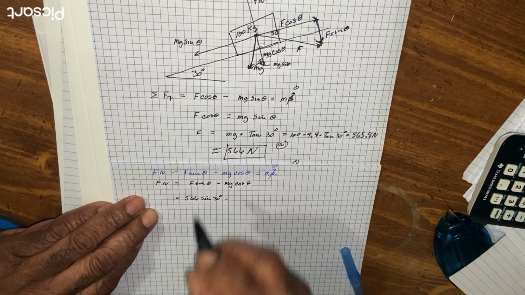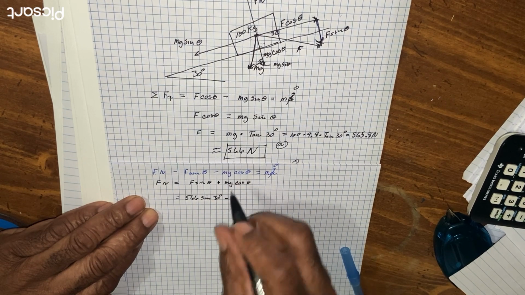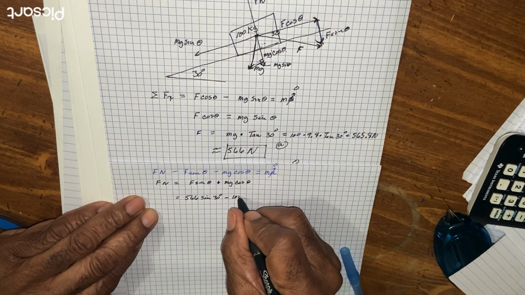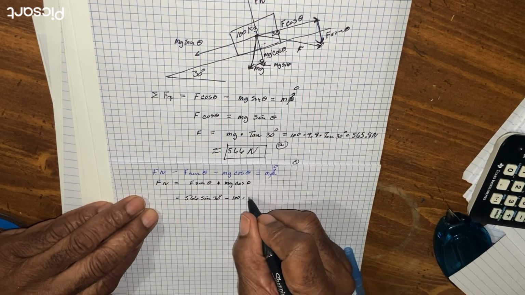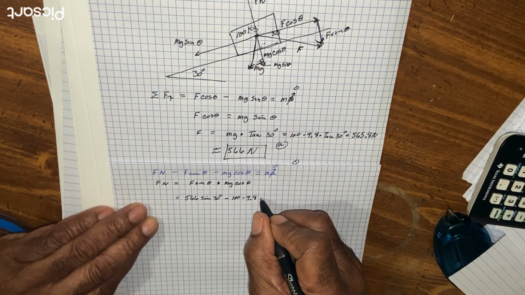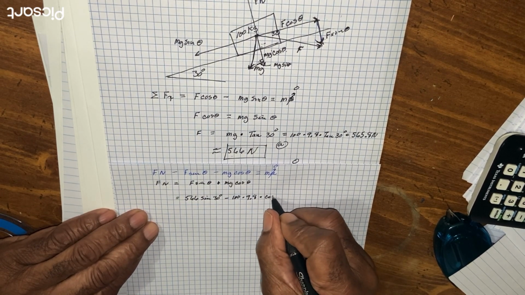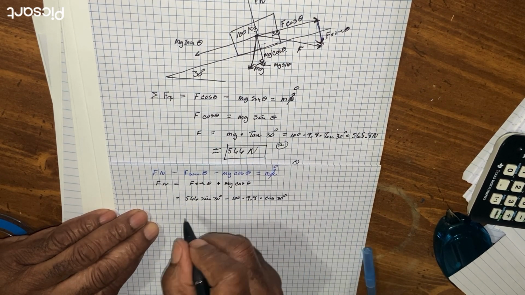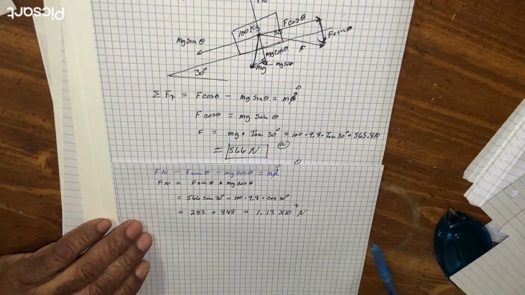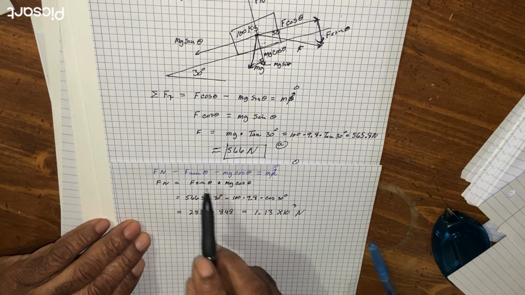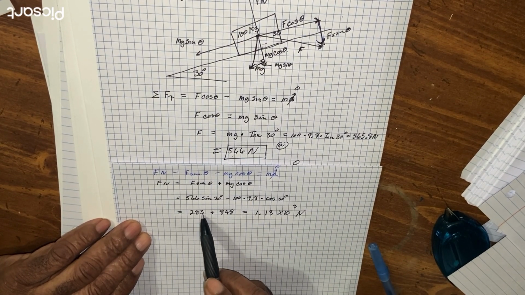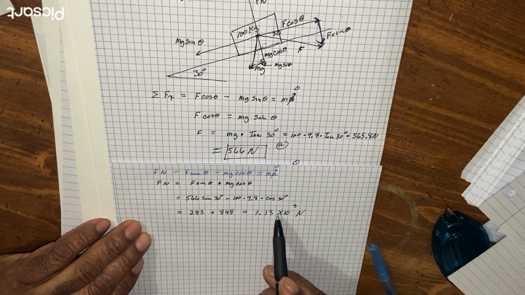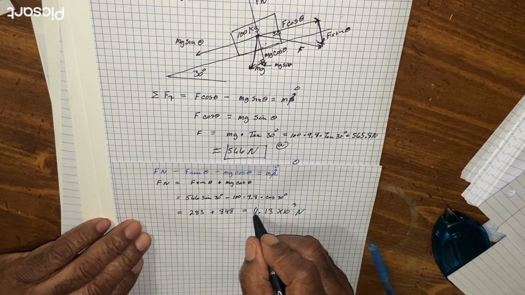No, that's not a minus sign, it should be plus. You took both of these minuses over, they're plus. 100 kilograms times 9.8 times the cosine of 30 degrees. And so Fn is going to be 283 plus 848, which is equal to 1.13 times 10 to the third newtons.